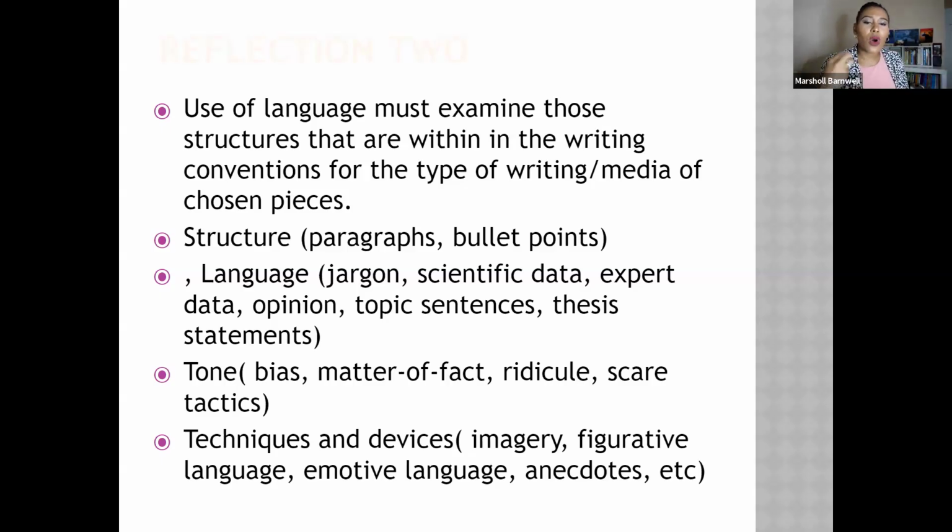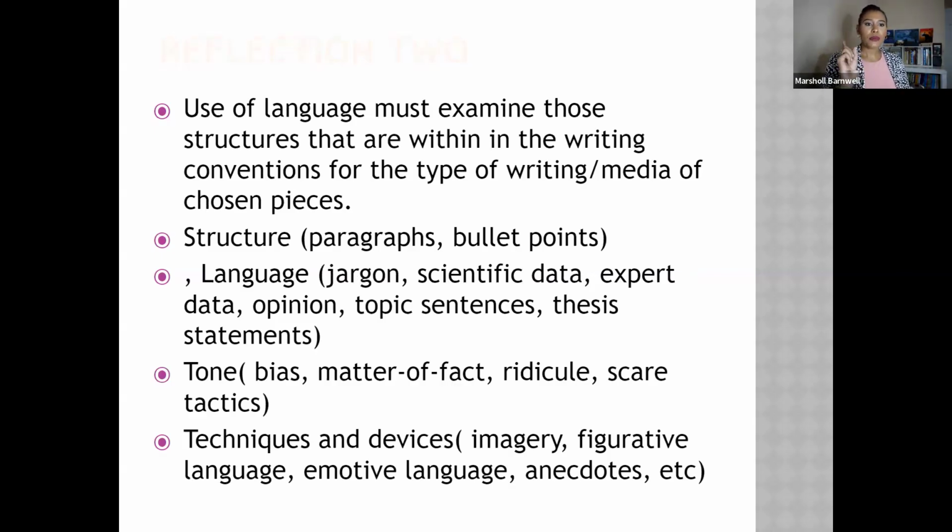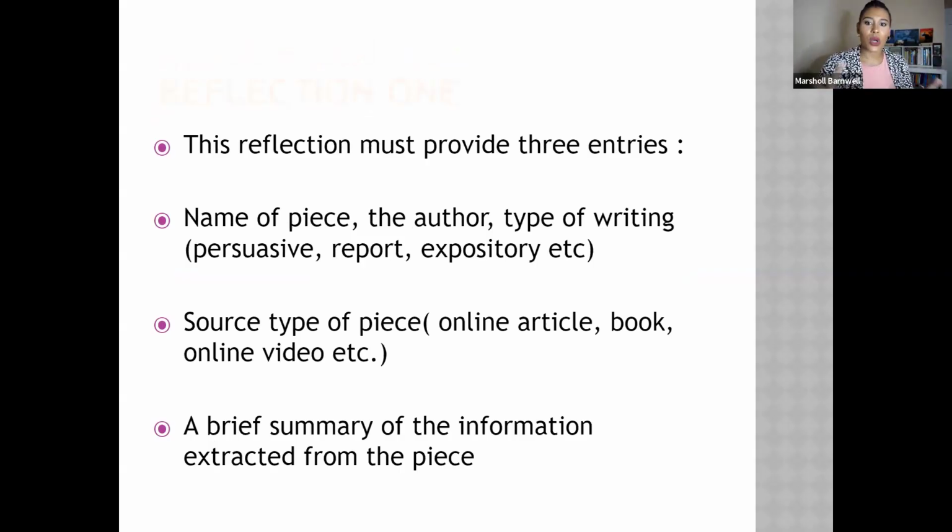So we're looking at all of these things in our second reflection because our second reflection is the critical analysis. So we're going to look at the first question, whereas with the first reflection, our question is what is the name of the piece? Who is the author? What is the type of writing? What is the source of the piece?